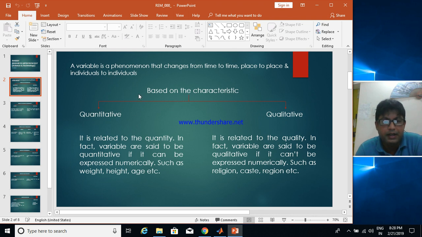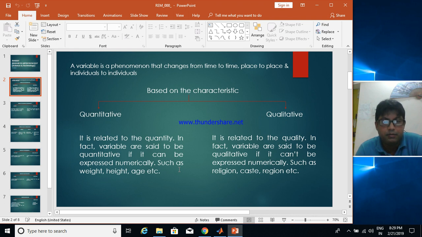Now the variable can be classified based on several attributes. Based on the characteristics, one is quantitative, another is qualitative. Quantitative, as the name suggests, is related to quantity.